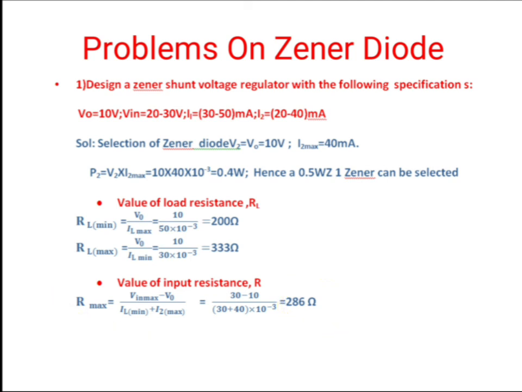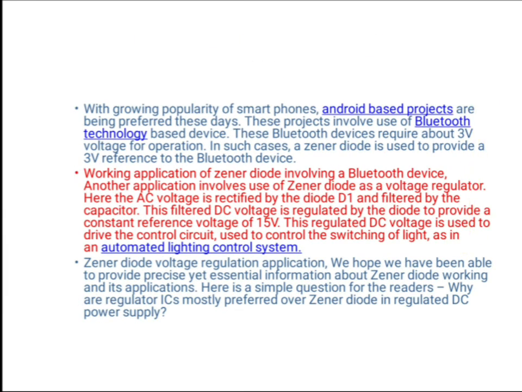Input resistance is near the supply, and at the load we have load resistance. This current is the load current, and this side is the input current. Similarly, the voltage on this side is the input voltage, and on that side the output voltage. You can just go through these.